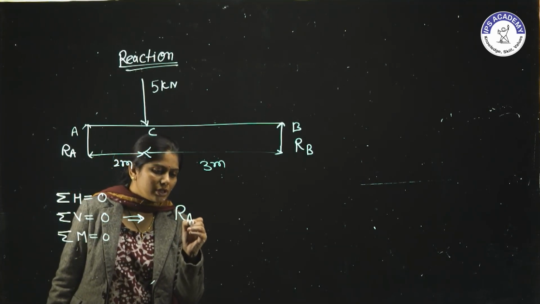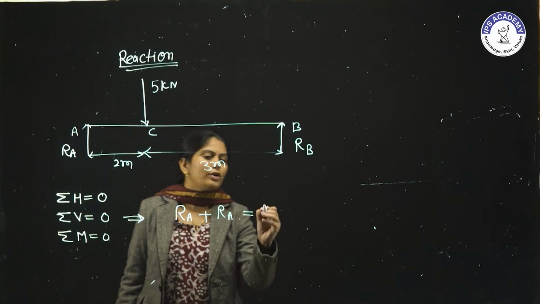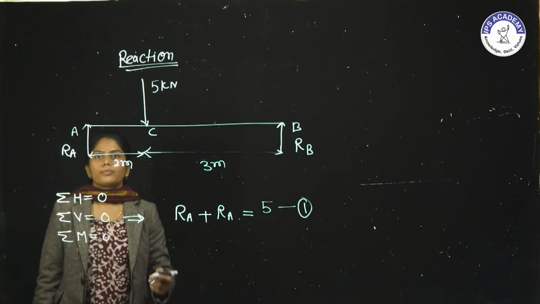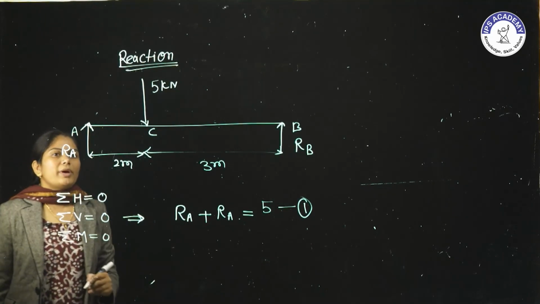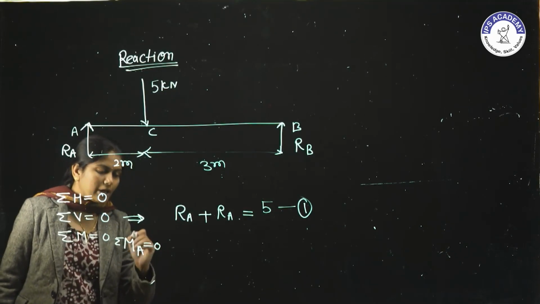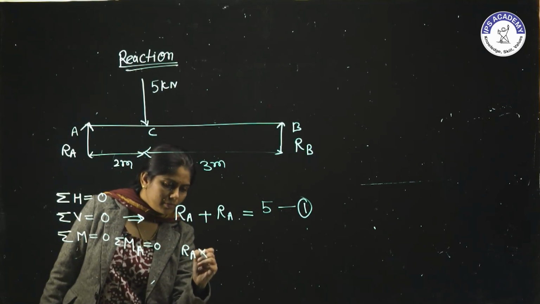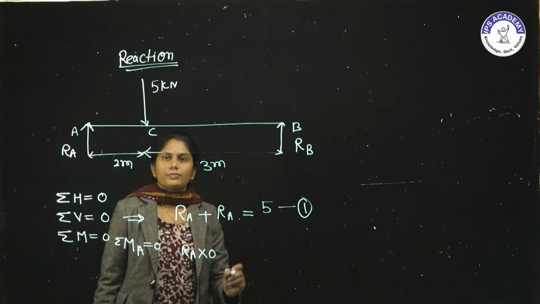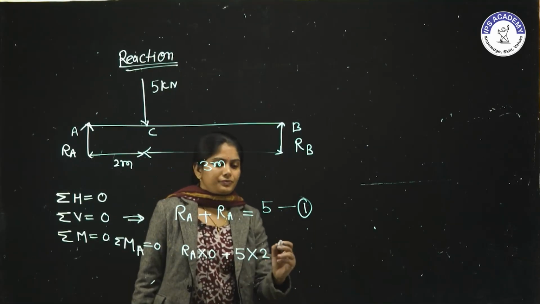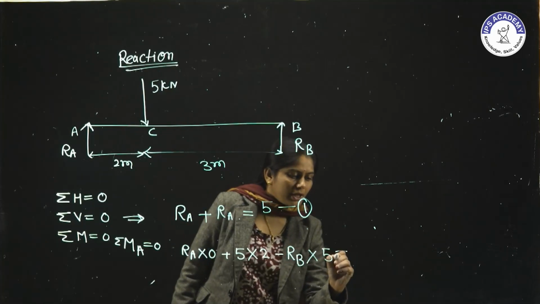So upward force, we have support reactions RA plus RB equal to downward load 5. Now summation of M equal to 0, we will take moment about A. So summation of MA equal to 0, RA into 0 plus 5 into 2 minus RB into 5 equal to 0.